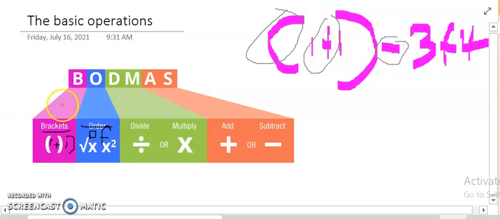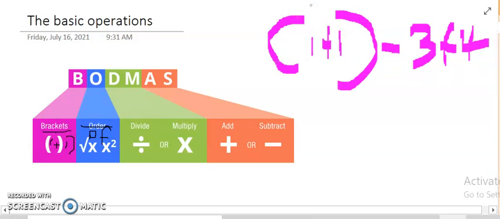Because in the abbreviation, which is BODMAS, bracket is first, the first thing we have to do is what is inside the bracket, which is 1 plus 1. So we have to do 1 plus 1, which is 2. Once you solve that, there's no need for the bracket anymore. And then we have 2.